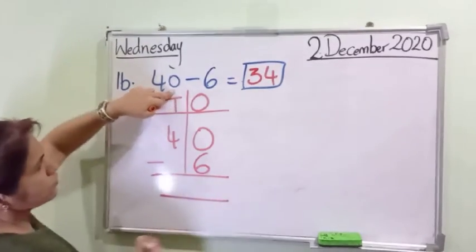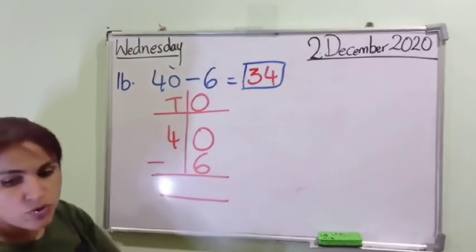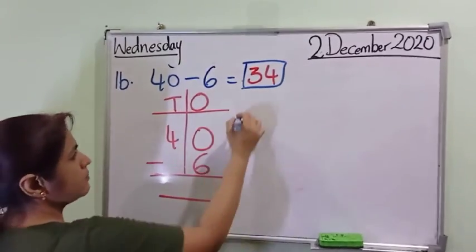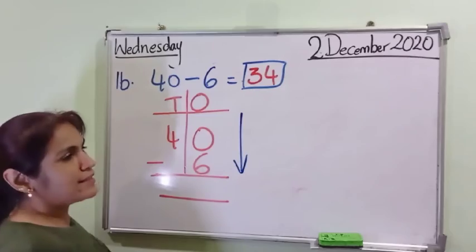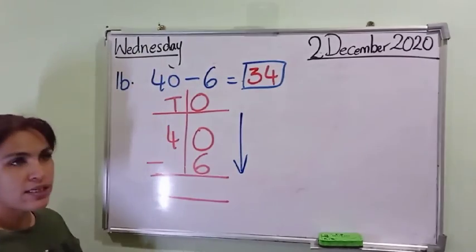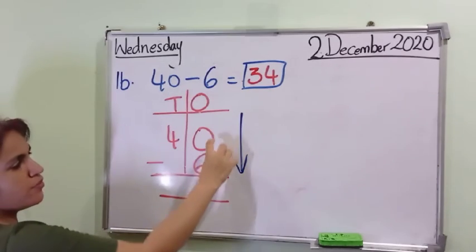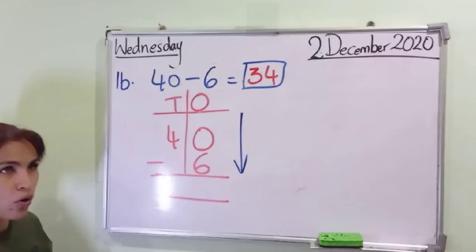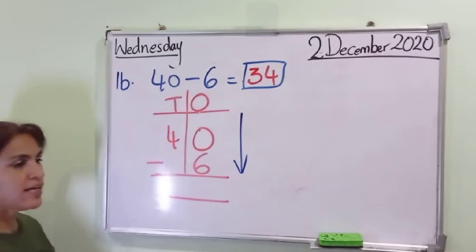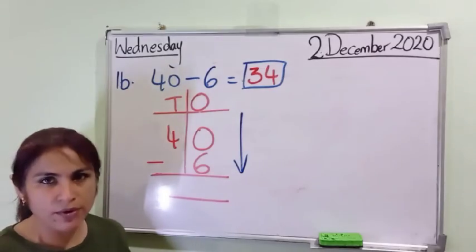This is the equation, 40 minus 6. Now draw the table arrow on your right hand side of the table. Okay, now let's focus here. In ones place, we are doing subtraction. There is 0 and 6. So you cannot take away anything out of nothing, out of 0.